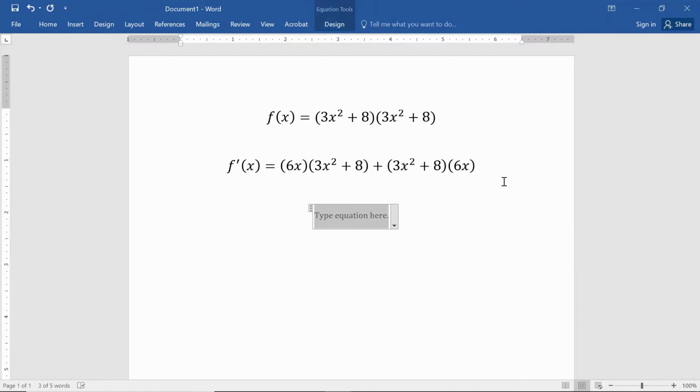Now what I am going to do is rewrite that. Since both components have a 6x, and both components have a 3x squared plus 8, I'm going to factor out the 3x squared plus 8 on the back side.